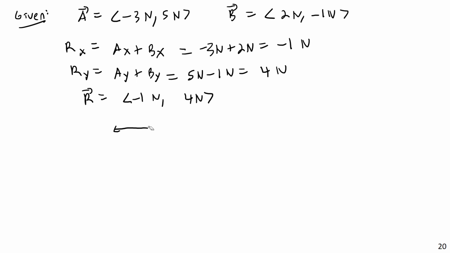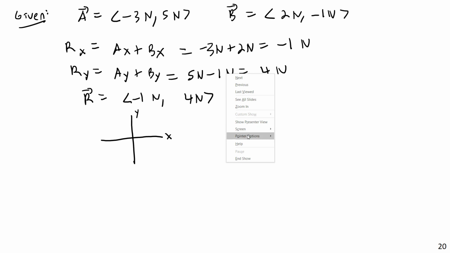If I create a set of axes, x and y, and then maybe in a different color, I'll plot my components. So 1 in the negative x direction, and then 4 in the y direction like this. And I'll have my resultant, and my theta.